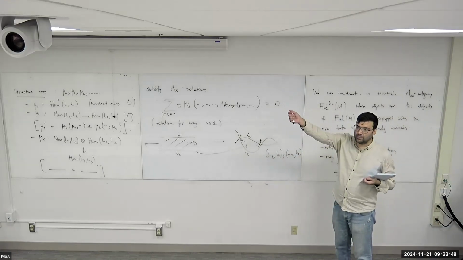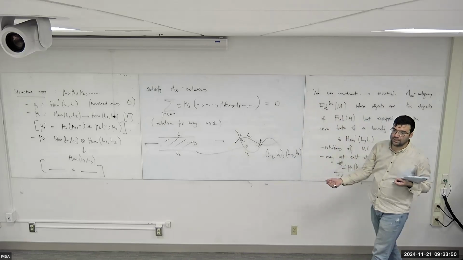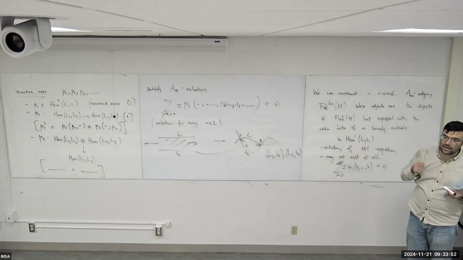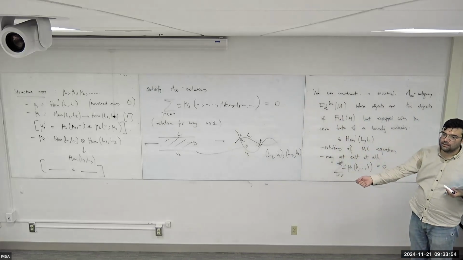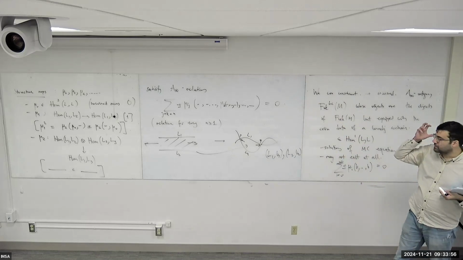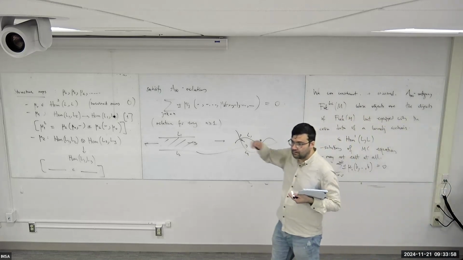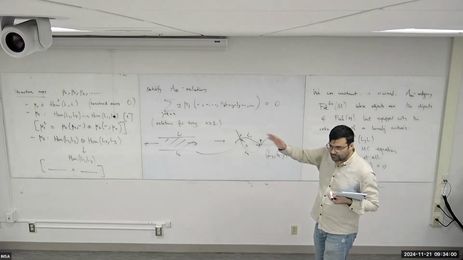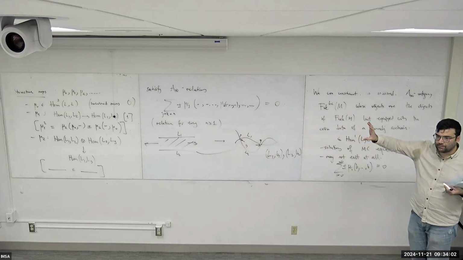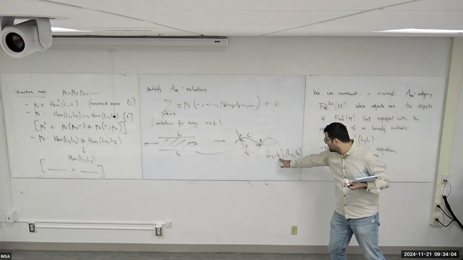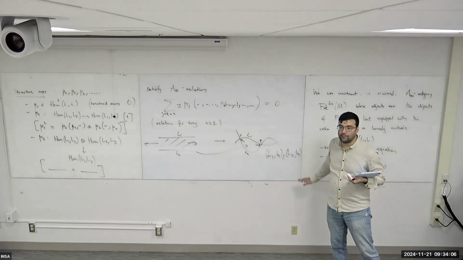You fix a bounding cochain on one, a bounding cochain on the other, and now there is a way of defining a differential, starting from the existing mu1 and then using this extra data, mu1 and mu2.